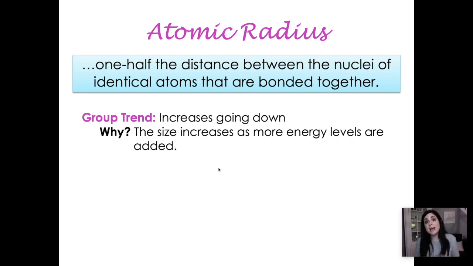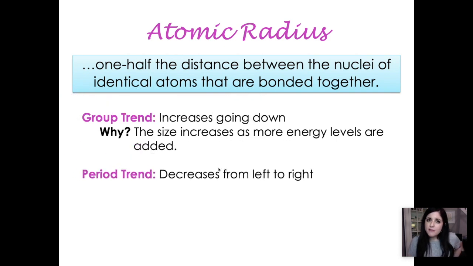As you add more energy levels, aka shells, the atoms are going to get much larger. Remember when we were counting electrons? You have 2 electrons in the first shell or energy level, 8 electrons in the second shell or energy level. Once you add those shells, the atoms are going to get much bigger.